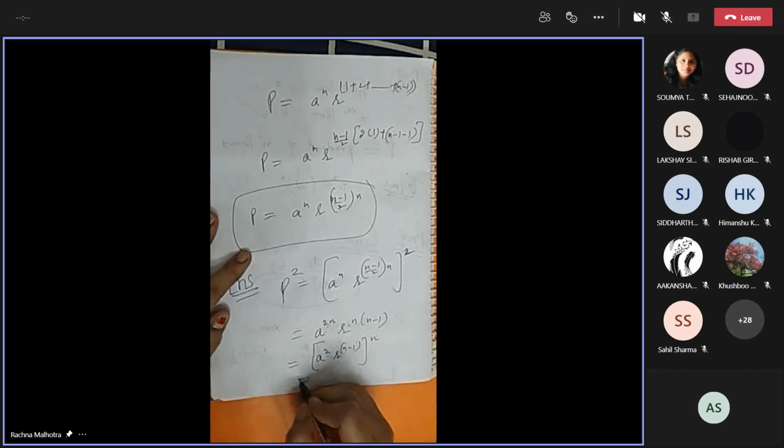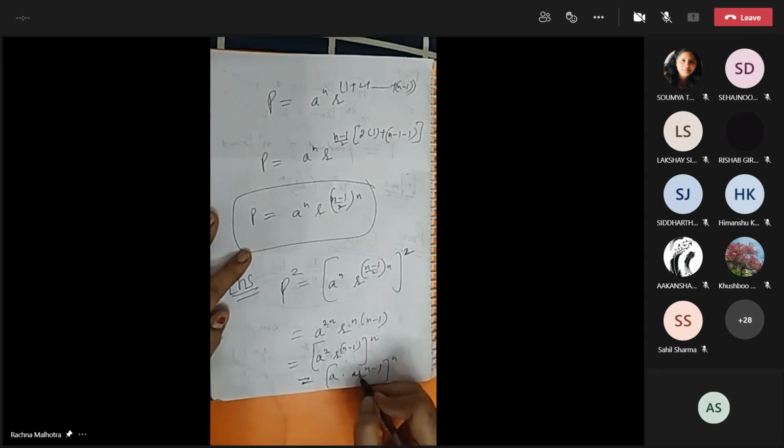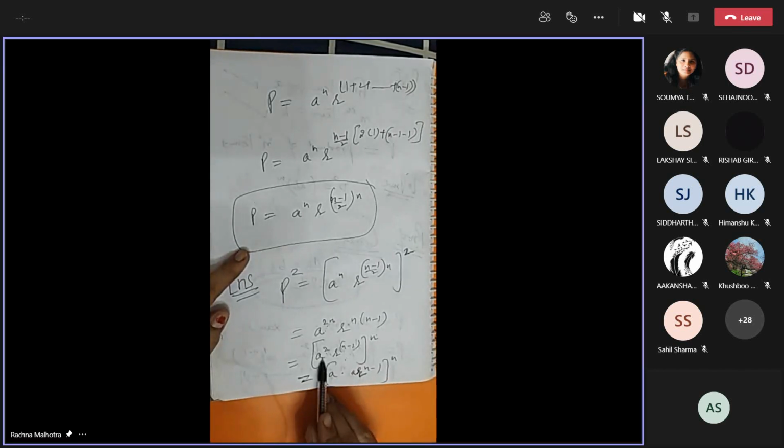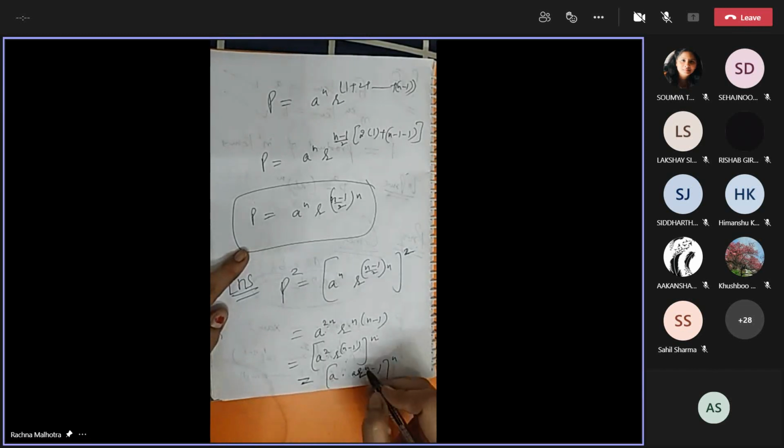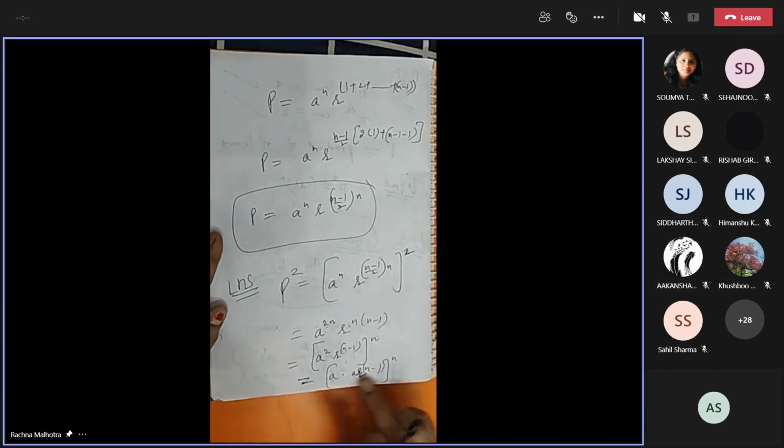Again we can write it as, because A square is there now, so I'm writing A into A. Can we write it as, please tell me? Yes. What is this now? Please tell me.